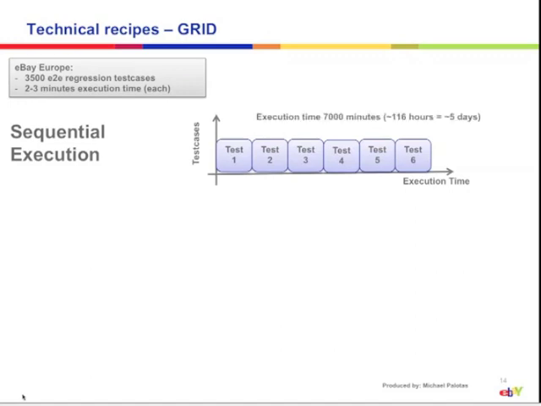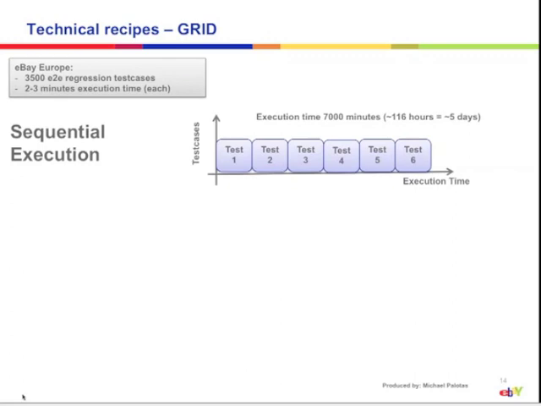In a sequential execution world, without any parallelism, that would result in best case 7,000 minutes, which translates into 5 days. So if you ran these tests sequentially, even in an automated way, it would still take 5 days to get them through the system.